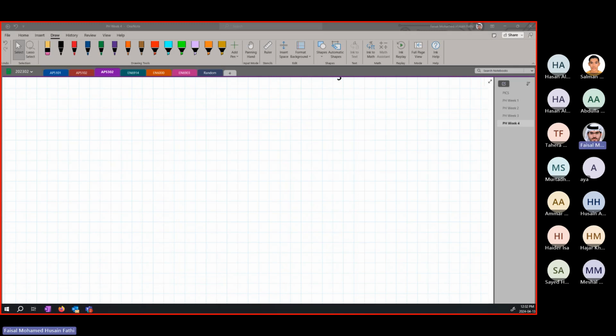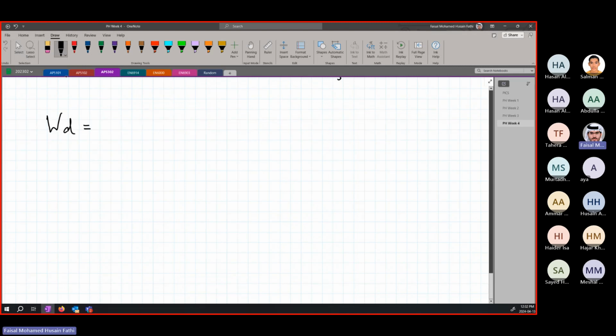So we have done work done. We understood what work done is. Quick recap: work done is equal to force times distance, where this is the applied force and this is the distance moved.